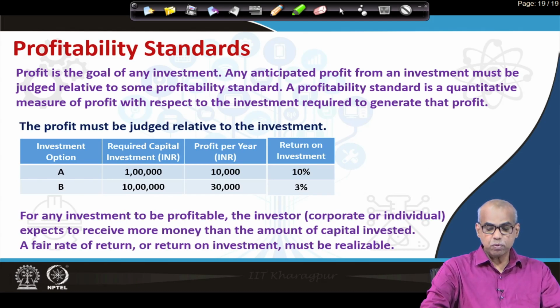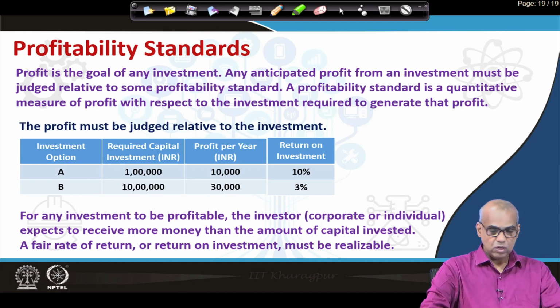For any investment to be profitable, the investor, whether it is the corporate sector or an individual, expects to receive more money than the amount of capital invested. A fair rate of return or return on investment must be realizable. Otherwise, there will not be any motivation for investment.